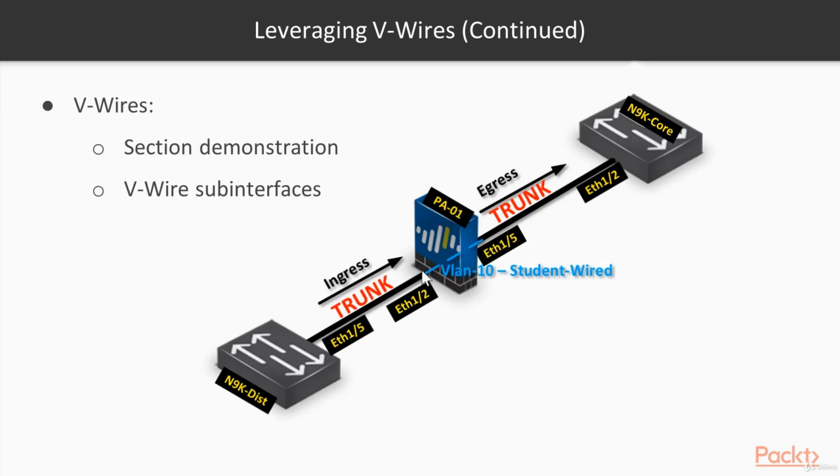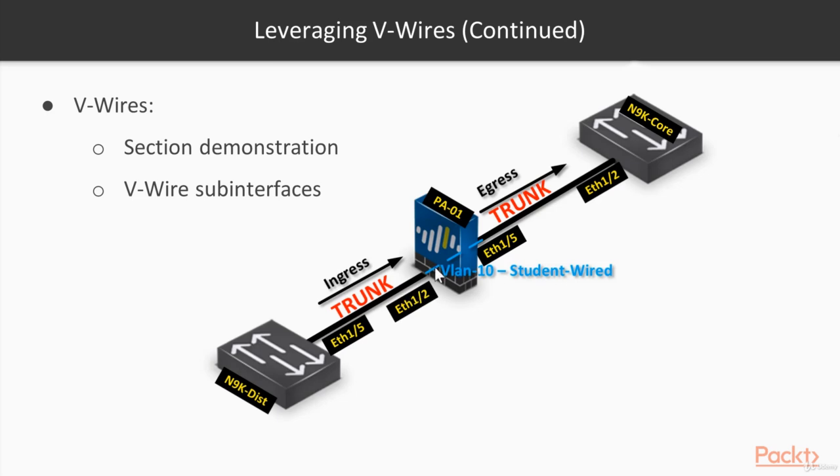So I'm actually cross-connecting both of them, connected logically, using this virtual cable. The benefit of doing this is that now I can assign a zone to the ingress traffic, which is the traffic that comes from this interface, and then add another zone to this interface. So I can police traffic inbound and outbound of my firewall for VLAN 10.